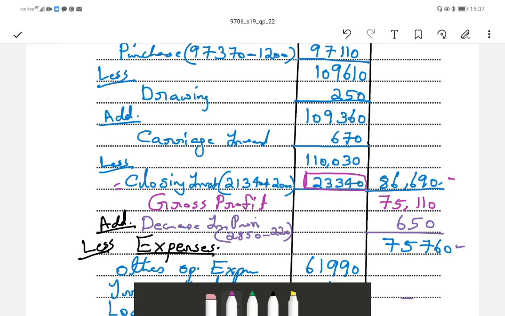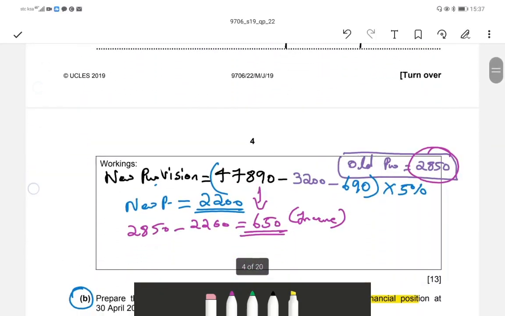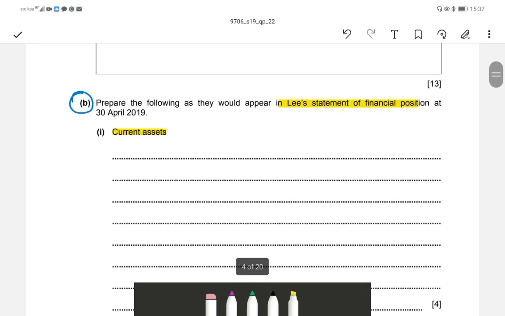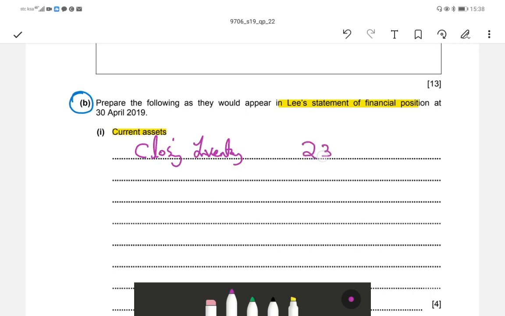This amount we can take here. Closing inventory $23,340.